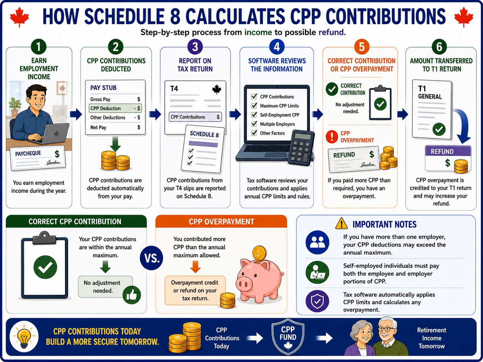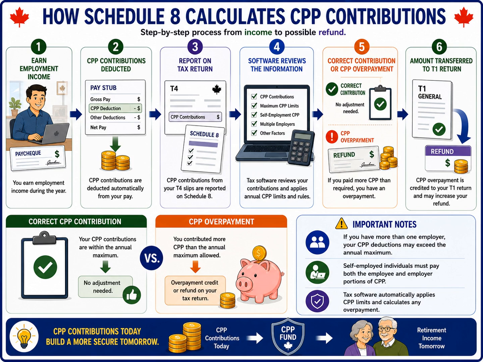Self-employed individuals must generally pay both the employee and employer portions of CPP, so their calculations are different from those of employees. Certified tax software automatically applies the annual contribution limits and identifies any overpayments based on the information entered. As a tax preparer, your responsibility is to ensure that every T4 slip has been entered accurately.